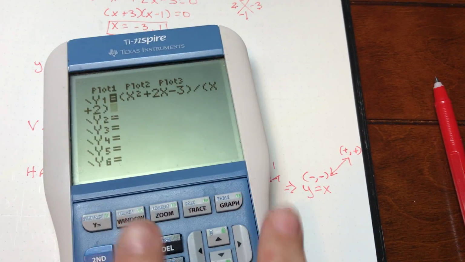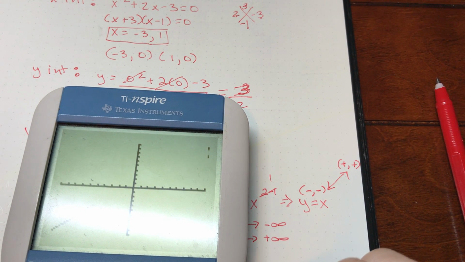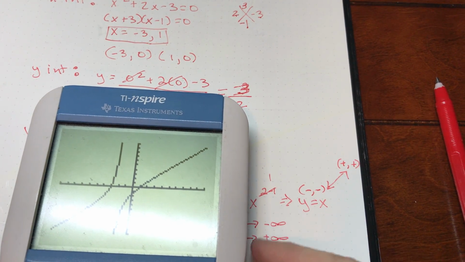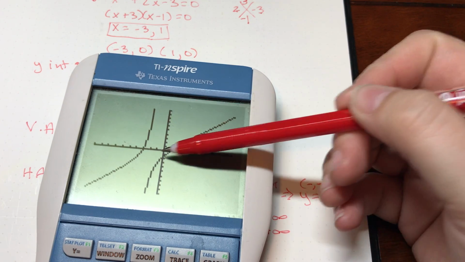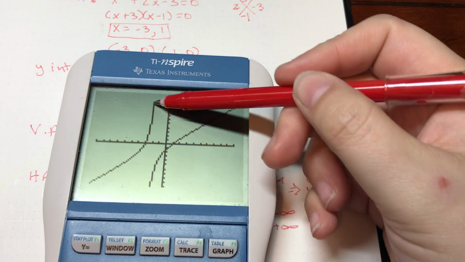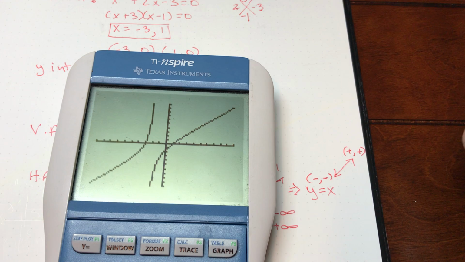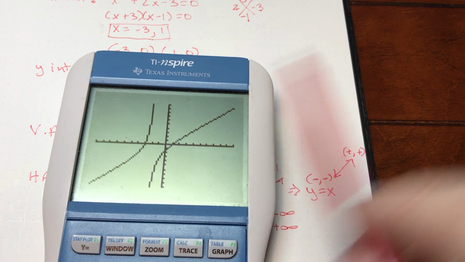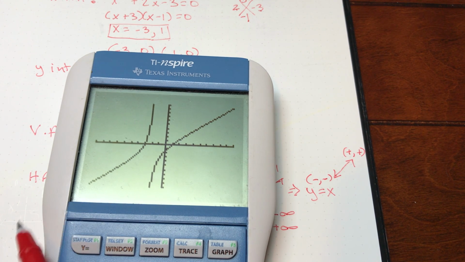Okay, so now I've typed in my equation and I hit graph. Okay, so you can see right here we're approaching our vertical asymptote of -2 from both sides, but out here we're going off into positive infinity, and out here we're going off into positive or negative infinity.